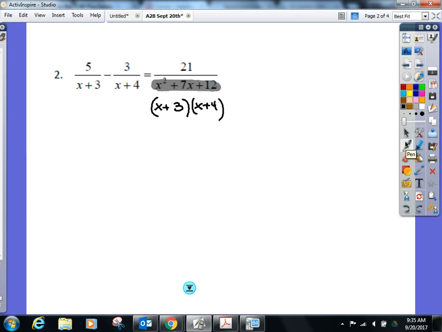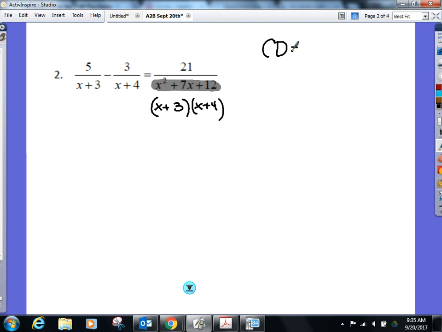What's your common denominator now? I'm just going to put CD. What's in common? Give me something that's in common. Hannah: x plus 3s, yep. Is there anything else in common? Carter: x plus 4. Did I forget anything? Or I got it all? I got the x plus 3s, they're good.